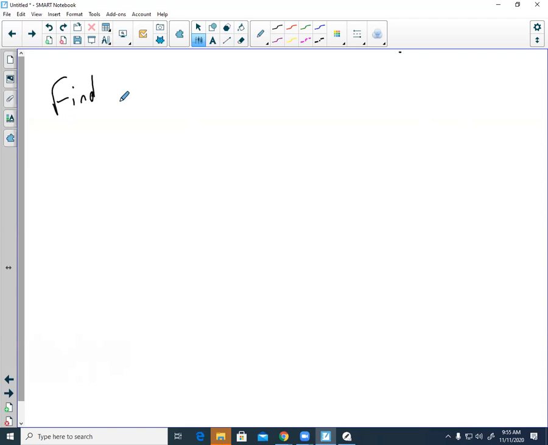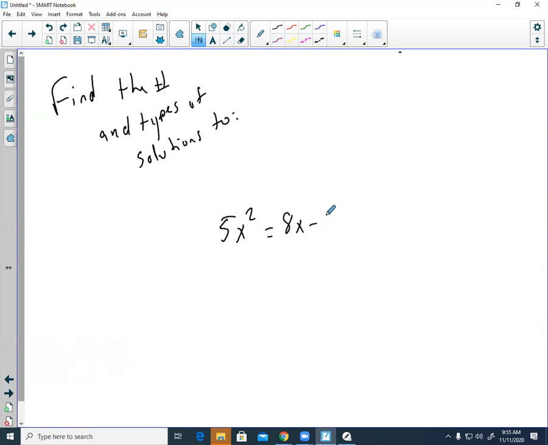So like if I said something like this, find the number and types of solutions. And then I give you a question, and that question is something like 5x squared equals 8x minus 13.